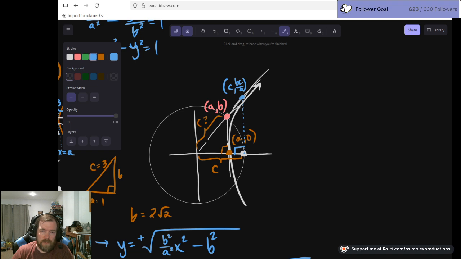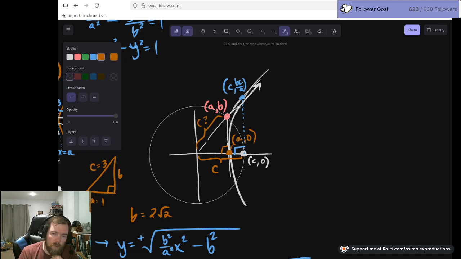So right, that's c comma 0. That one is a comma 0. Does a squared plus b squared equal c squared?